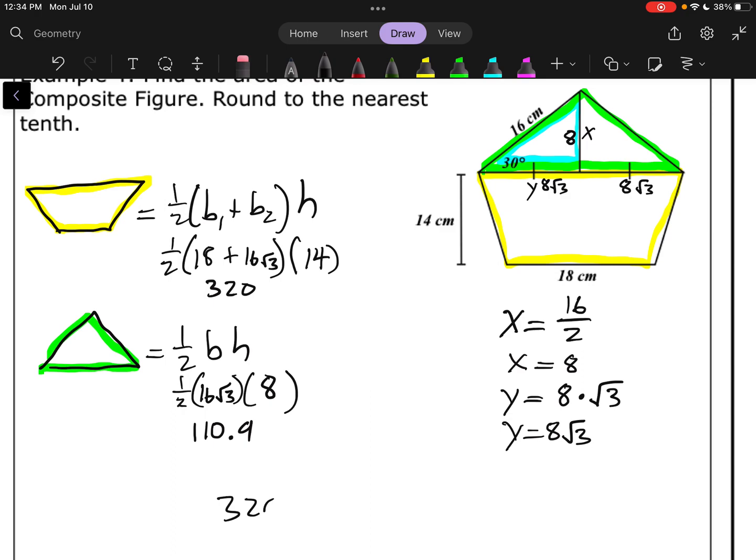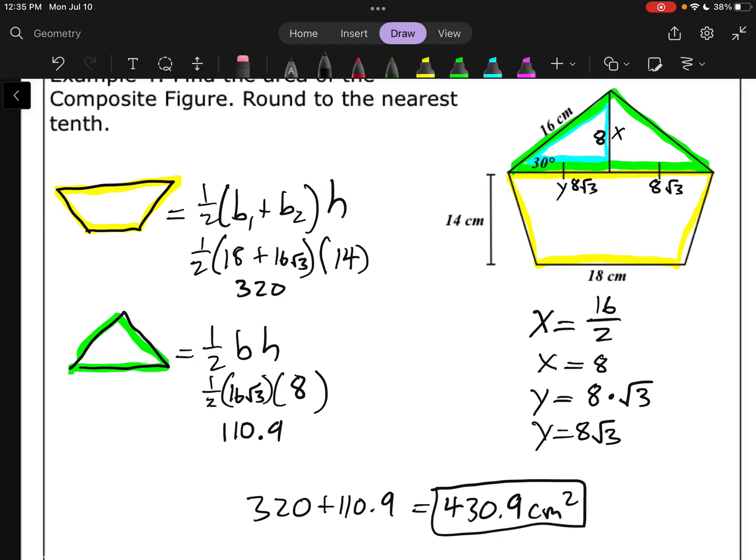Okay, that one was tricky. So 320 plus 110.9 is going to give me 430.9 centimeters squared. Okay, had to do a little 30, 60, 90 in there. That was good.